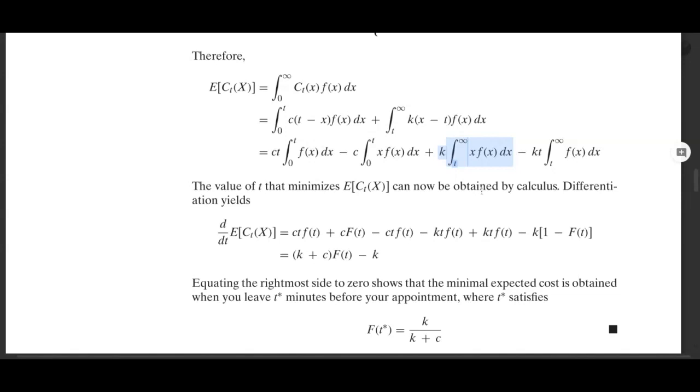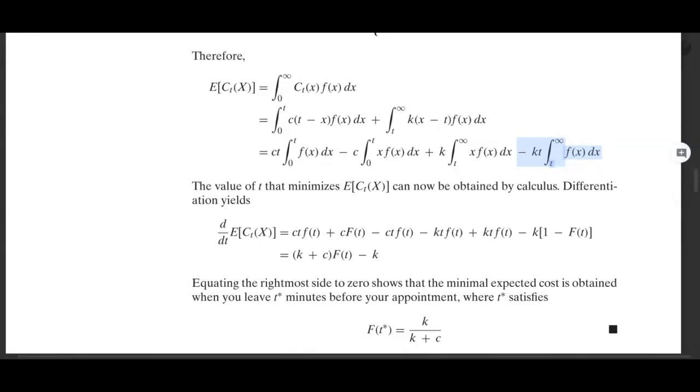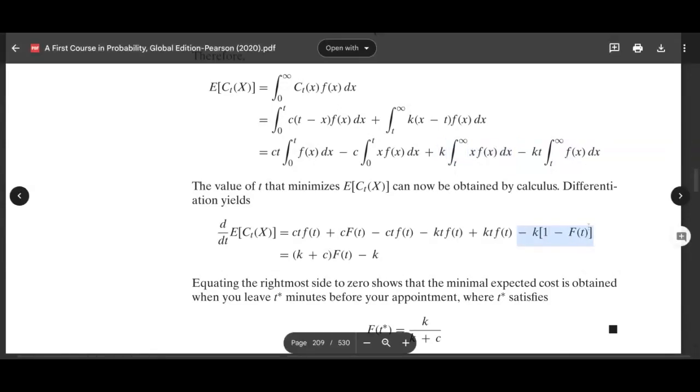Then from this one, what do we get? We get K t f of t, and from this one we get a negative Kt f of t, and K times F of t minus 1. From this one, we get minus K f of t.